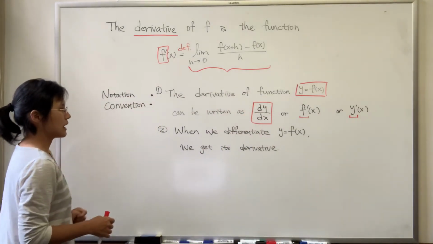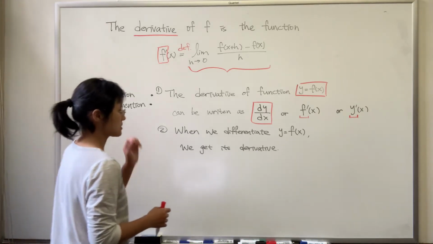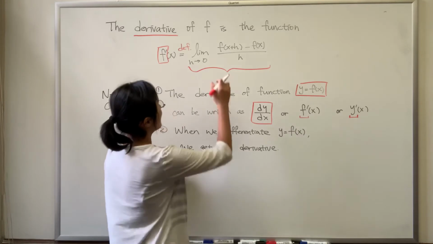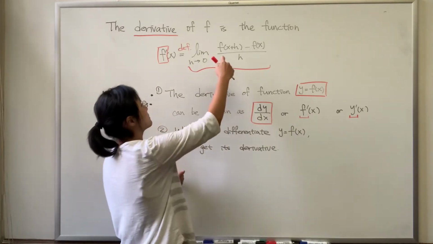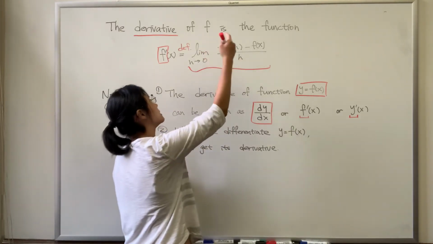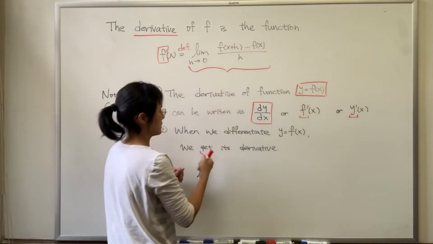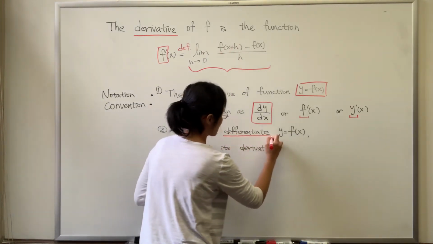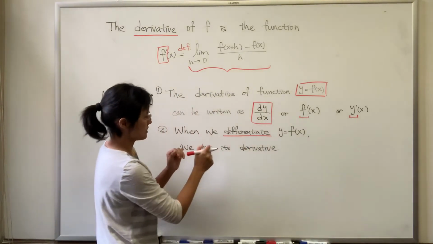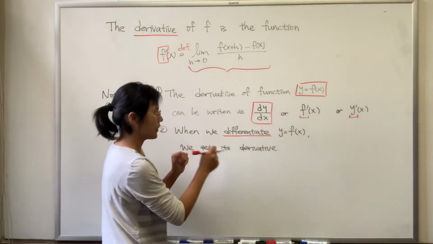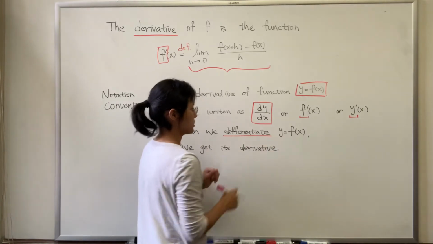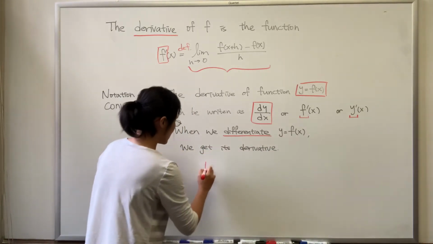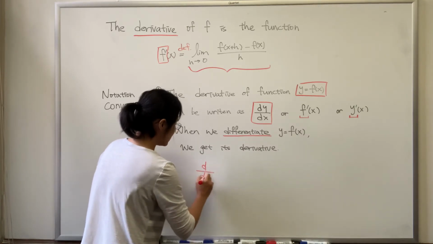The second thing that I want to point out is the action here. You know, taking the limit of difference quotient is said as differentiate a function f. Okay, so differentiate is a verb, so I can say d/dx.